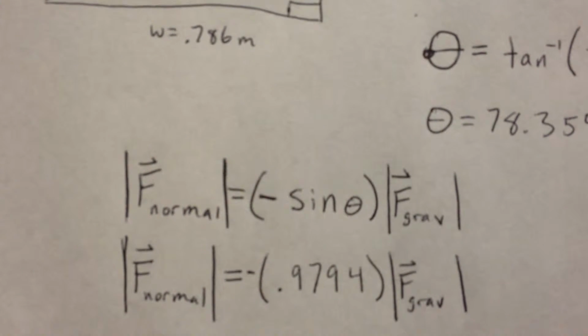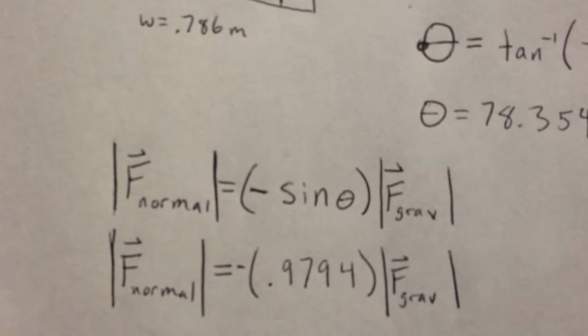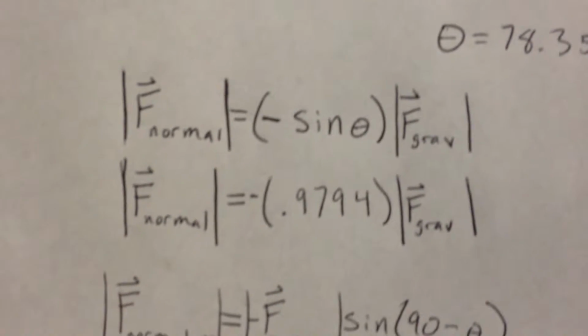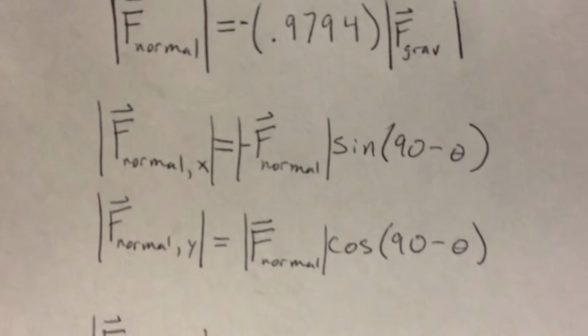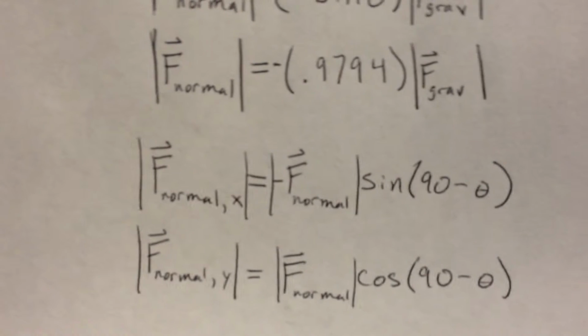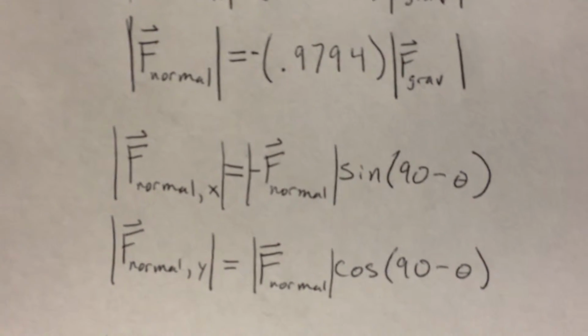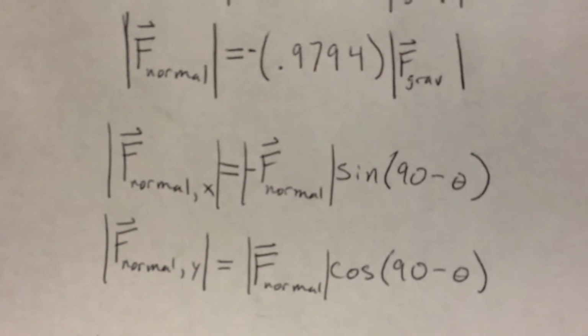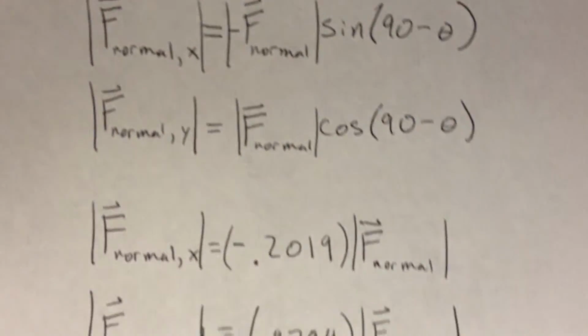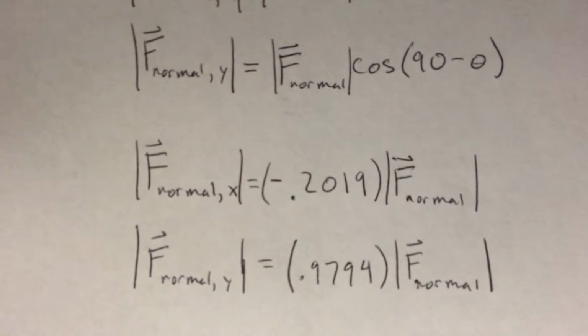Since I had to enter a vector as a force for the normal force, I had to find the X and Y components of the normal force. That came out to be, for X, multiplying it by the sine of 90 minus theta and the cosine of 90 minus theta for the Y component. And then I found what that sine and cosine value were.